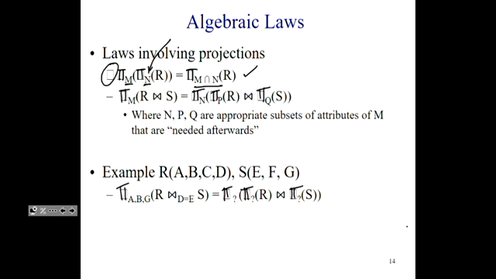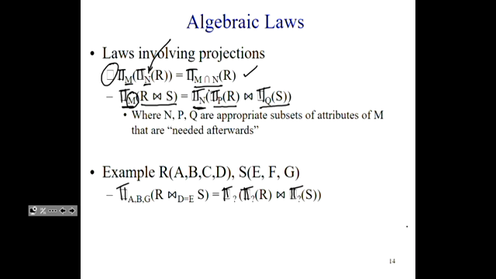A slightly more complex rule is if I wanted to do a projection on attributes M following a join, then this can be rewritten as a projection on attributes N following a projection on attributes P of R and attributes Q of S. N, P, and Q are essentially appropriate subsets of the attributes of M that are needed afterwards. Let's see how this works.